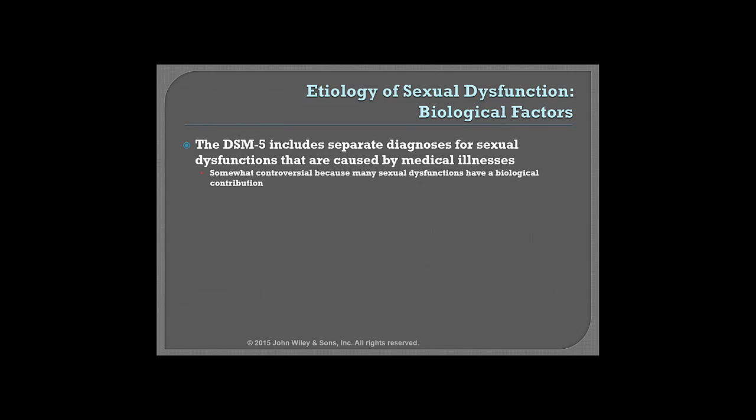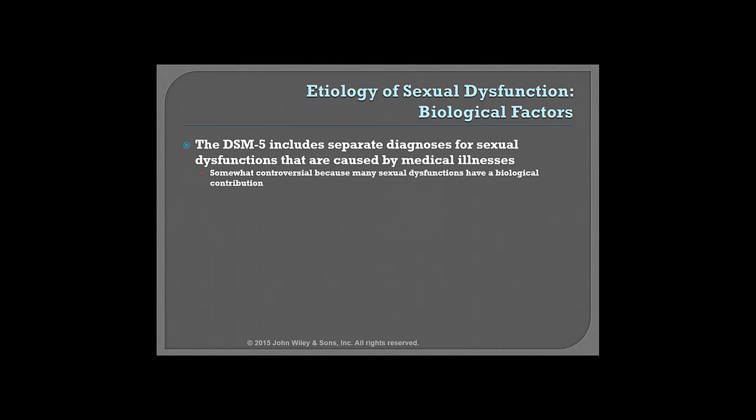The DSM-5 includes separate diagnoses for sexual dysfunctions that are caused by medical illnesses. Now this is somewhat controversial because many sexual dysfunctions have a biological contribution, and so it's been very challenging to tease this apart.